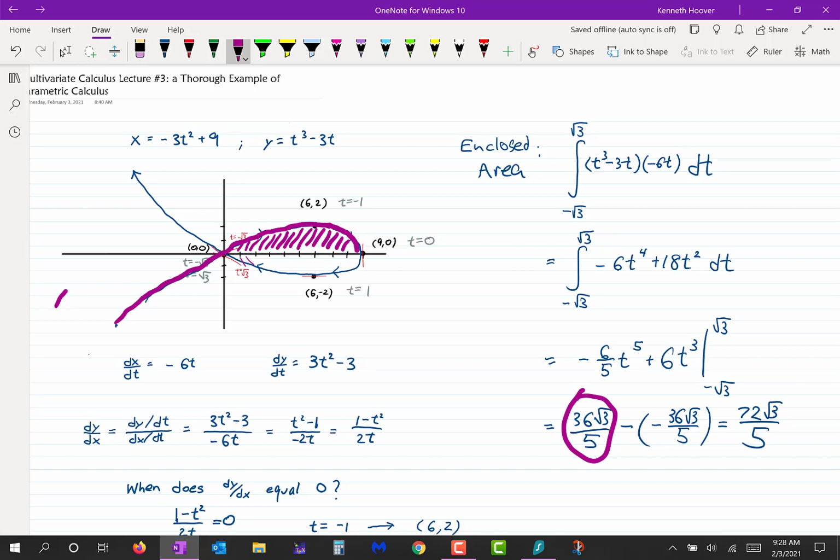Okay? Now, this area down here, you should expect to be negative 36 root 3 over 5. But here's the catch. Watch what's happening. As I trace the curve, as t continues to grow, look, it's tracing out that, but look, I'm going now from right to left. I'm going backwards. I mean, I'm following the blue line in the correct order, but I'm traveling backwards along the x-axis.